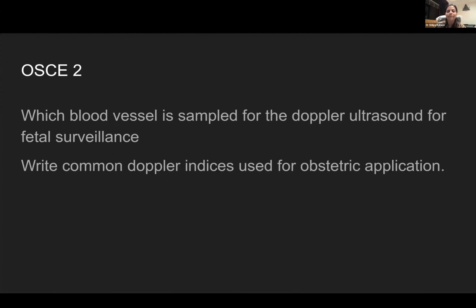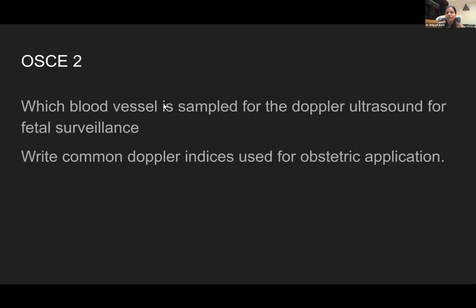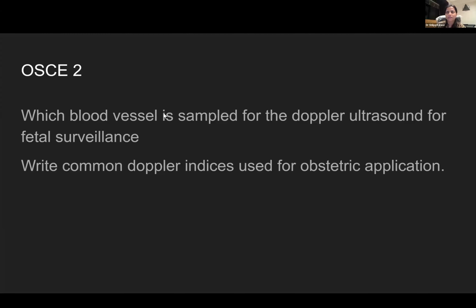Which blood vessel is sampled for the Doppler ultrasound during fetal surveillance? And what are the common Doppler indices used for obstetric application? MCA. MCA is used to assess fetal anemia. RI, PSV.